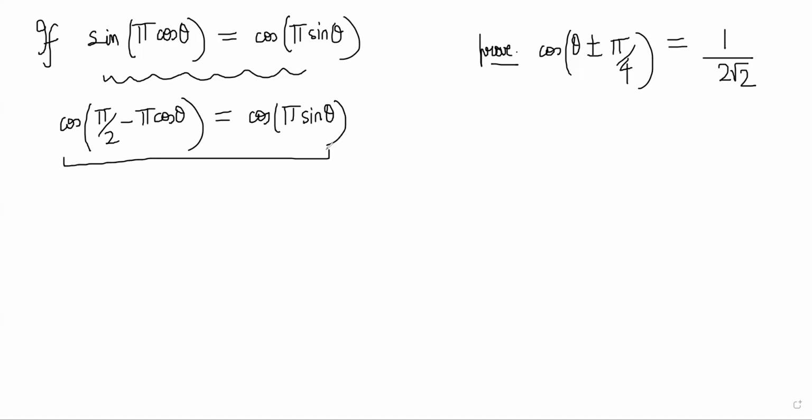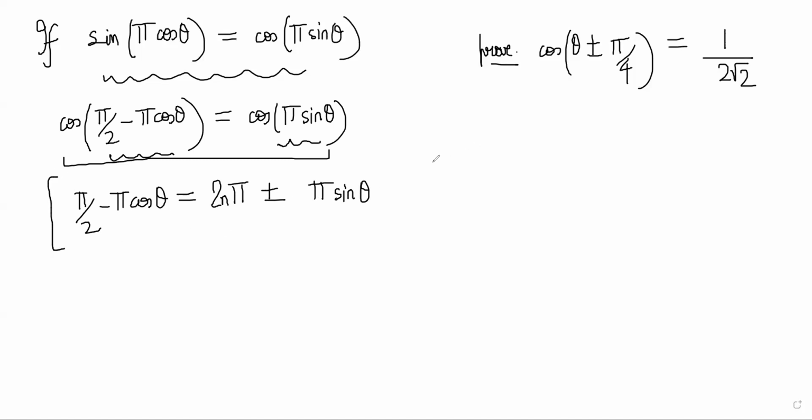Yes, sir. What is the general solution for this case? Cos is equal to cos. Pi by 2 minus pi cos theta equal to 2n pi plus minus pi sin theta. You get this equation right now.